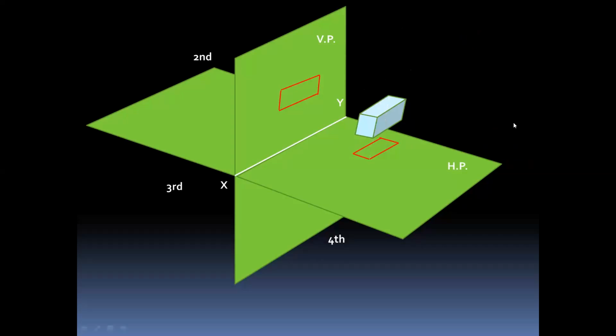Right now, the views obtained on the vertical plane and on the horizontal plane are still lying in the three-dimensional space. When you prepare a drawing on a drawing paper, we have to represent the three-dimensional views on a two-dimensional paper. How to represent this three-dimensional view on a two-dimensional paper?